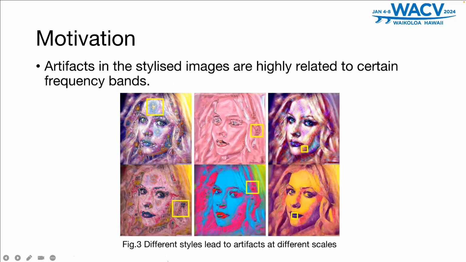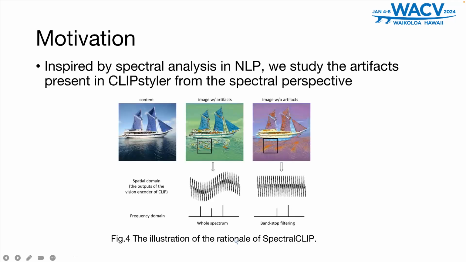Empirically, we find that the scales of artifacts present in the image are determined by the styles and correspond to certain frequency bands in the visual representations output by the CLIP vision encoder. Therefore, we draw inspiration from spectral analysis and propose to alleviate the artifact issues inherent in the CLIP model.